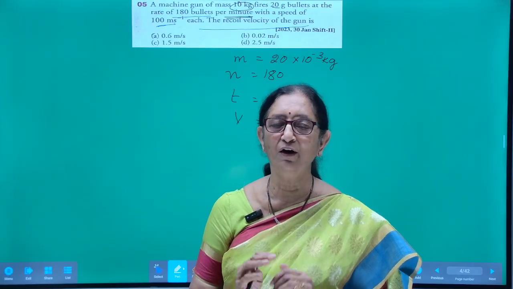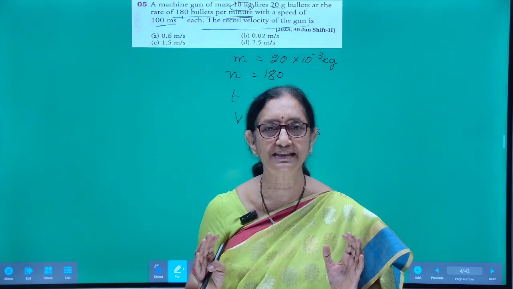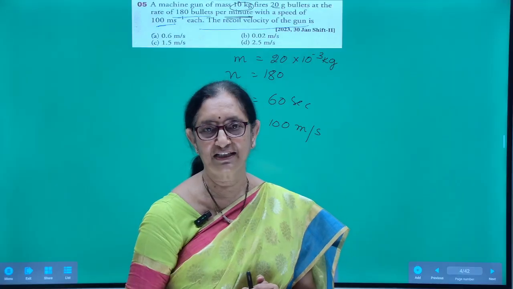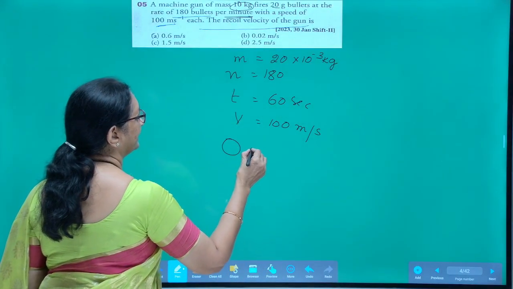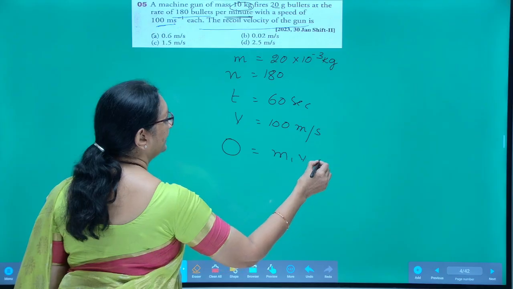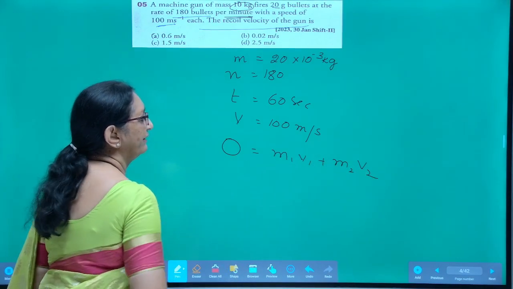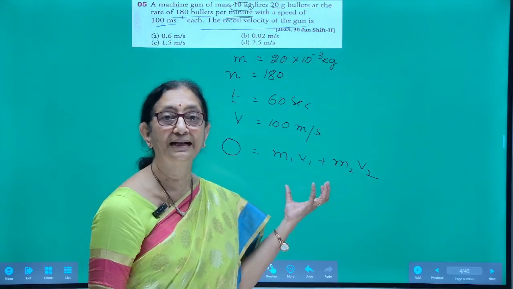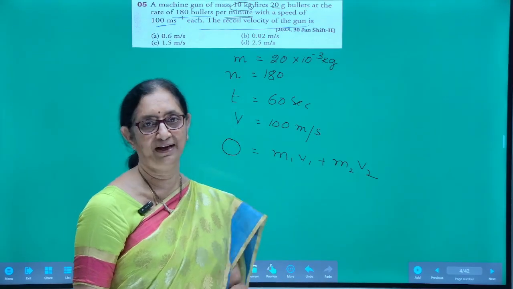From the law of conservation of momentum, the total momentum is conserved in absence of external force. So, the total momentum before firing is 0, that is m1v1 plus m2v2, where m1v1 plus m2v2 is the total momentum of the system after firing.